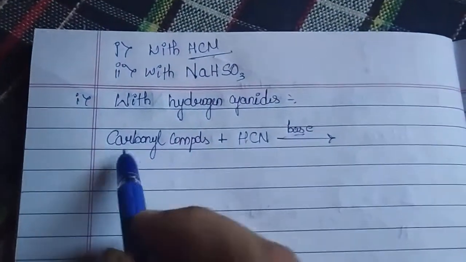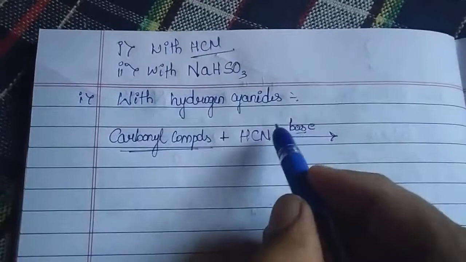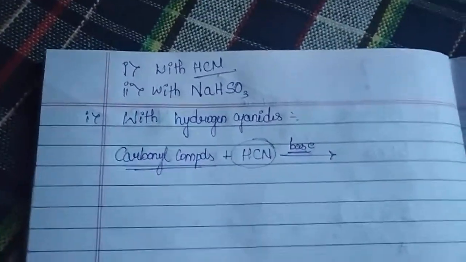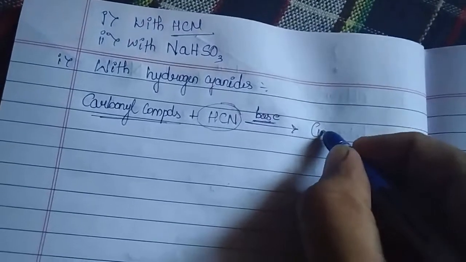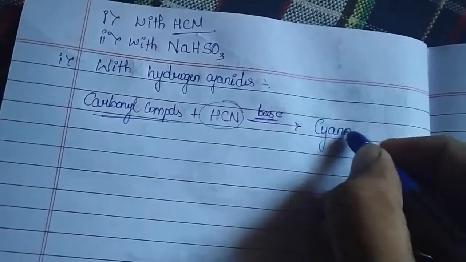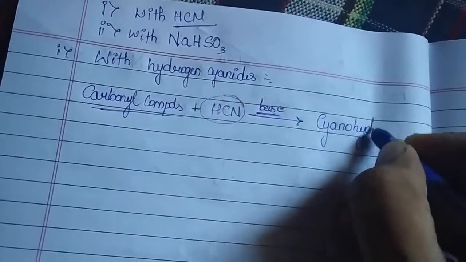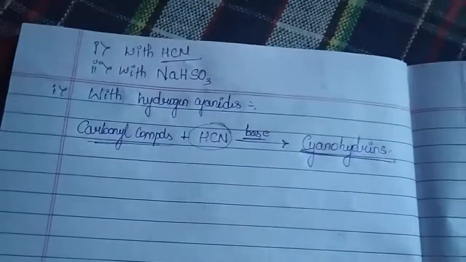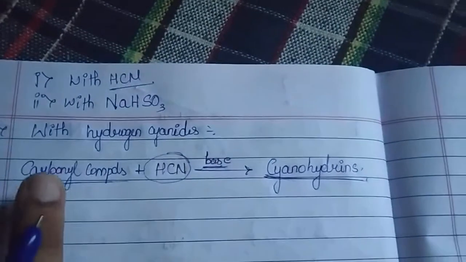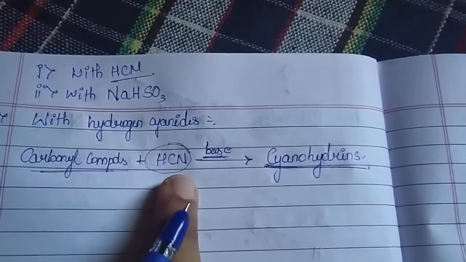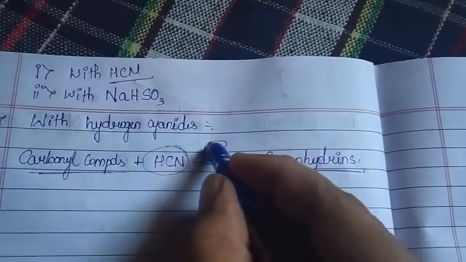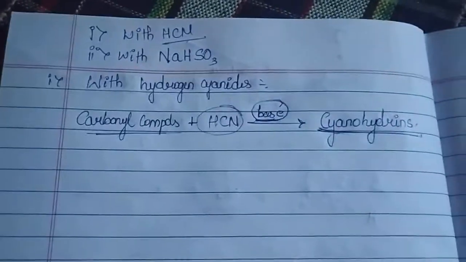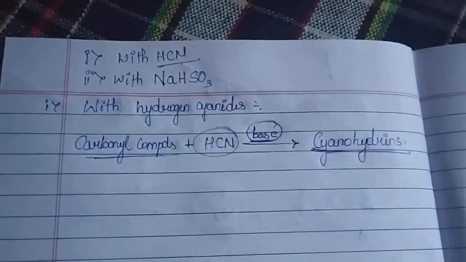I repeat, whenever carbonyl compounds are treated with hydrogen cyanide in the presence of base, the product we obtain is called cyanohydrin. Very important to note the name of the product. Now you can judge.